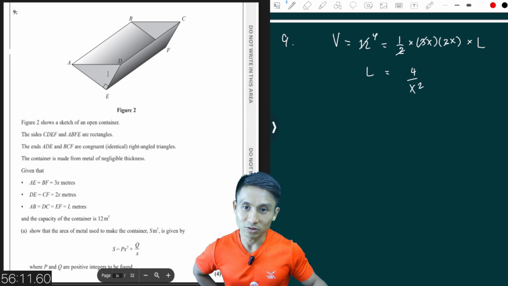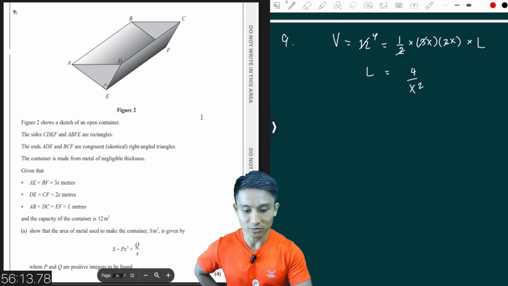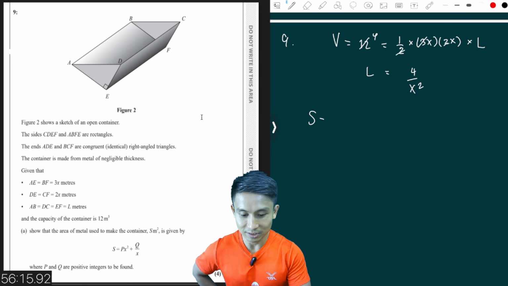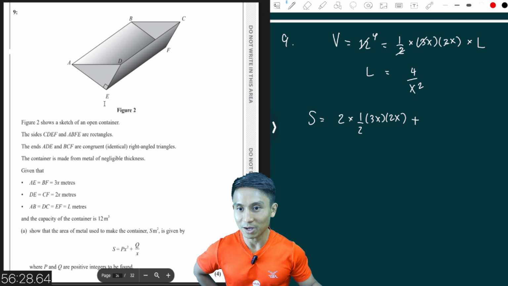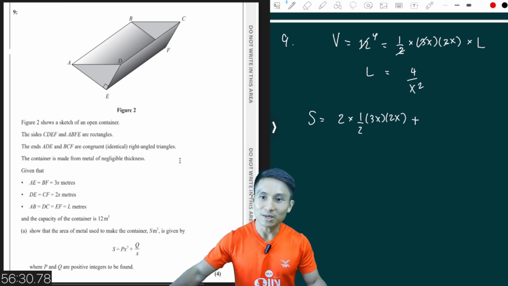So the area would consist of 2 triangles. So area S is just 2 of the triangles again, which is 1/2 times base times height, plus all of the faces. We have 3 faces, this one, the back one, and the bottom one. So ABCD first.